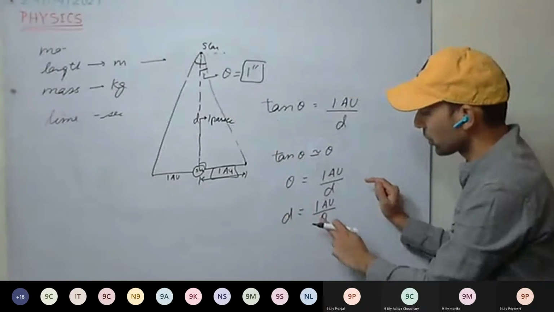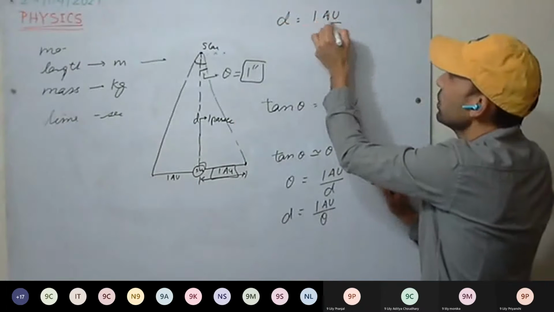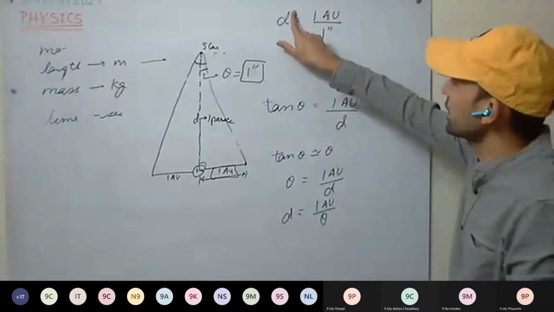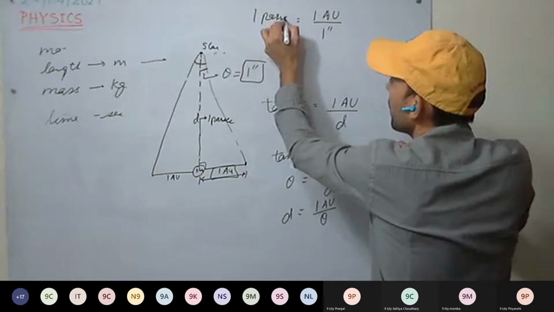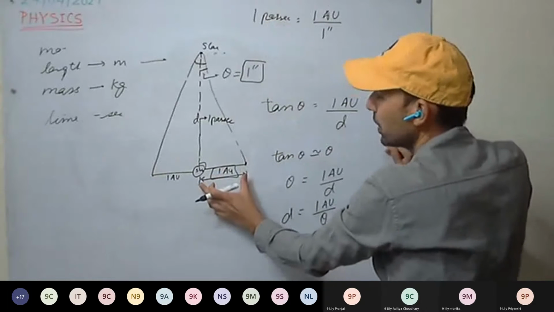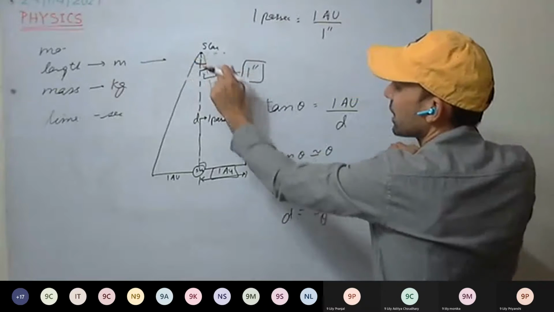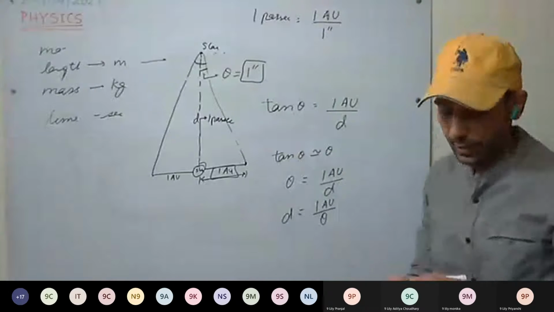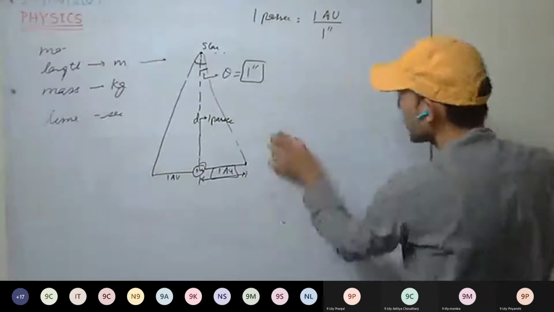How are we deriving it? d equals 1 AU divided by 1 second. This d becomes 1 parsec, because 1 AU subtends an angle of 1 second at this point, and that distance is called 1 parsec.